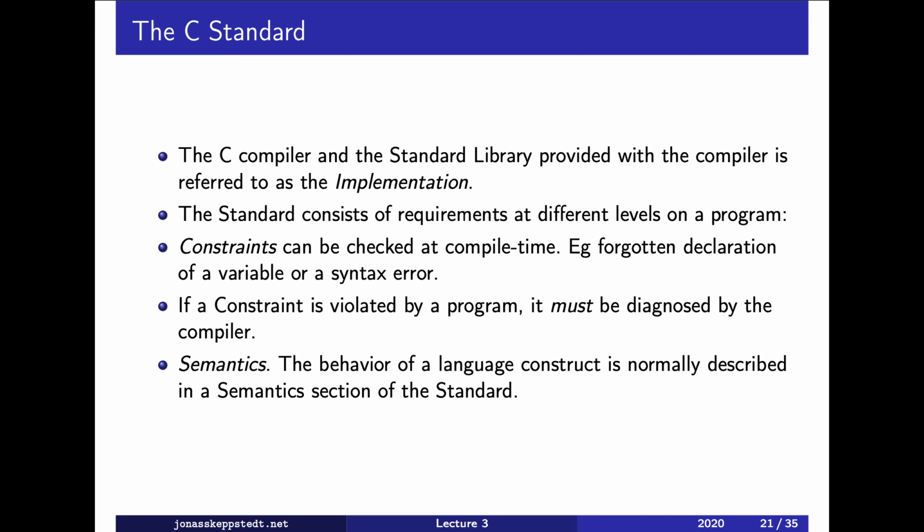Okay, so the C standard, there is an important word called the implementation, and the implementation is the C compiler and the standard library with functions such as printf or malloc. These two together are called the implementation.